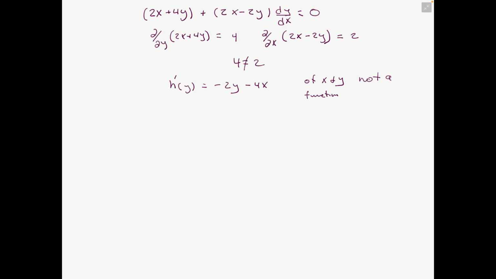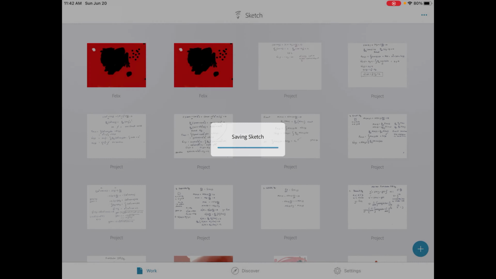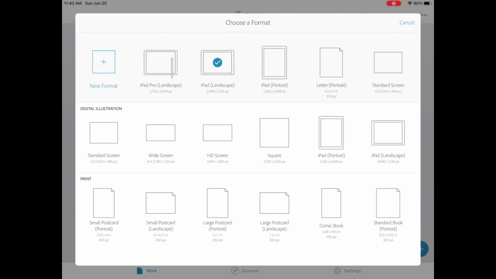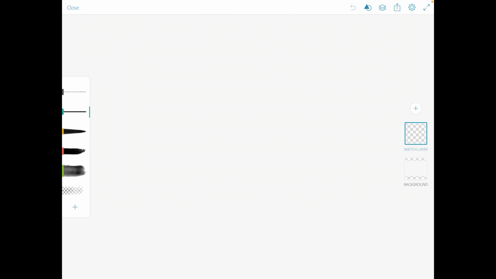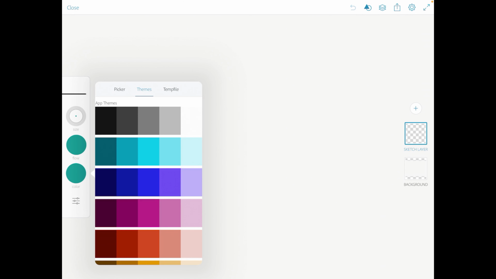If you carry this out, you'll see that h prime of y is equal to some mixed function of x and y, and it has to be a function exclusively of y.